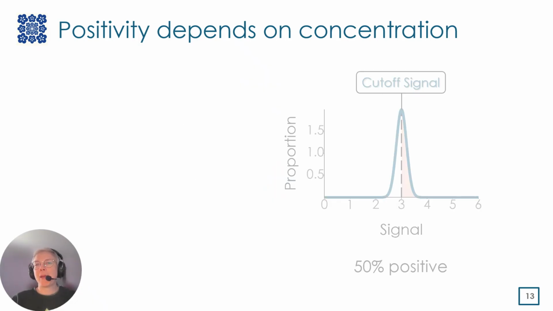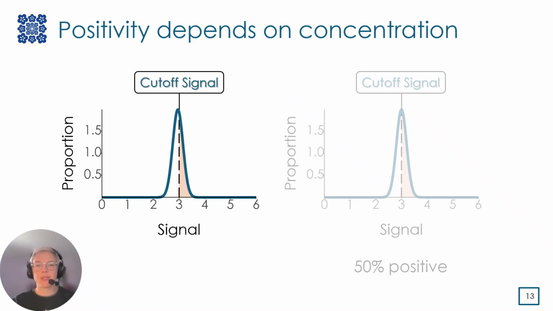Well, what happens if I'm right below the cutoff in terms of concentration? So the signal drops on average, but we still have this distribution, this variability of the signals, and some of them are going to score positive even if they're not. These are false positives.